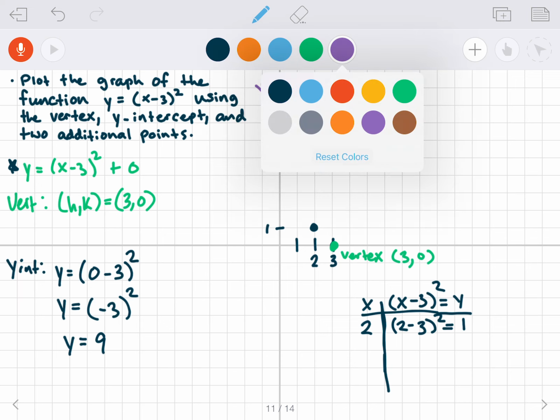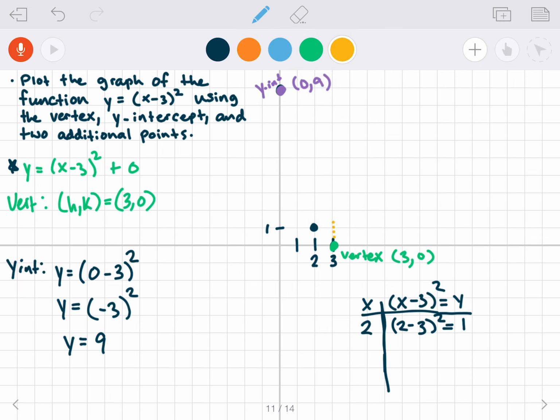Now keep in mind from the last video that a line of symmetry goes through the vertex. And so we can be a little bit lazy if we don't want to plug in stuff. We could plug in another point and get one out, but I'd rather just be lazy. What we can see here from the line of symmetry is that this point that we just found is 1 away from the line of symmetry.